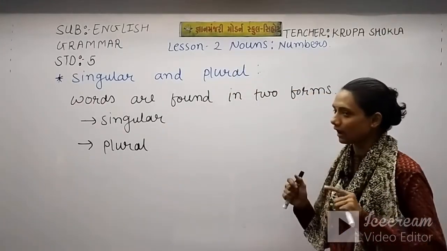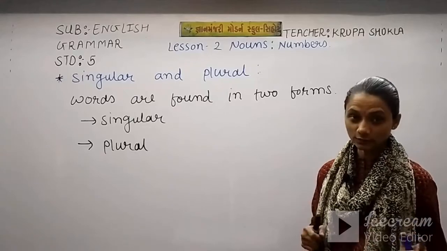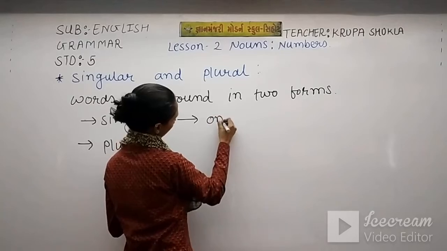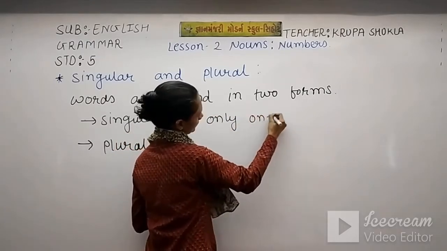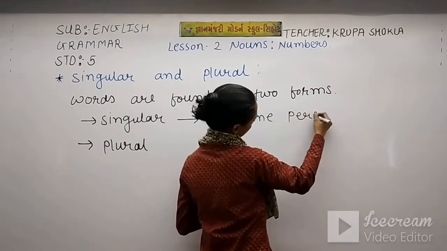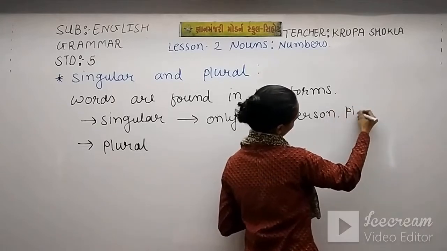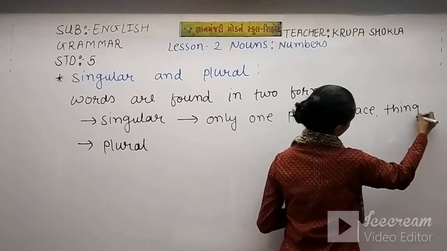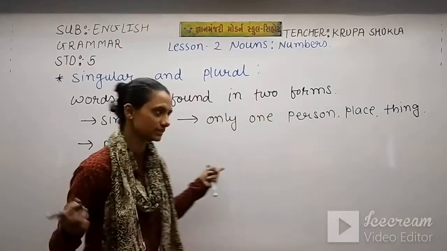But now how to make that noun singular? In singular we are talking about only one person, one place and one thing. That is called singular.